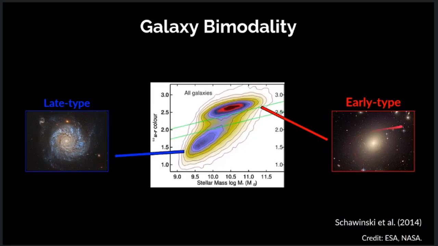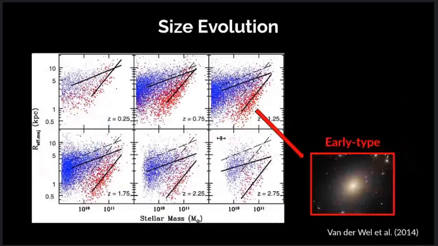We want to understand how they form and what are the processes that form their most inner parts. It is known that early type galaxies scale their mass with their sizes. Here is the effective radii versus the stellar mass, and this relation between size and mass evolves with time. So it's important to understand the structure of these early type galaxies, how they form their outer parts and their inner parts.